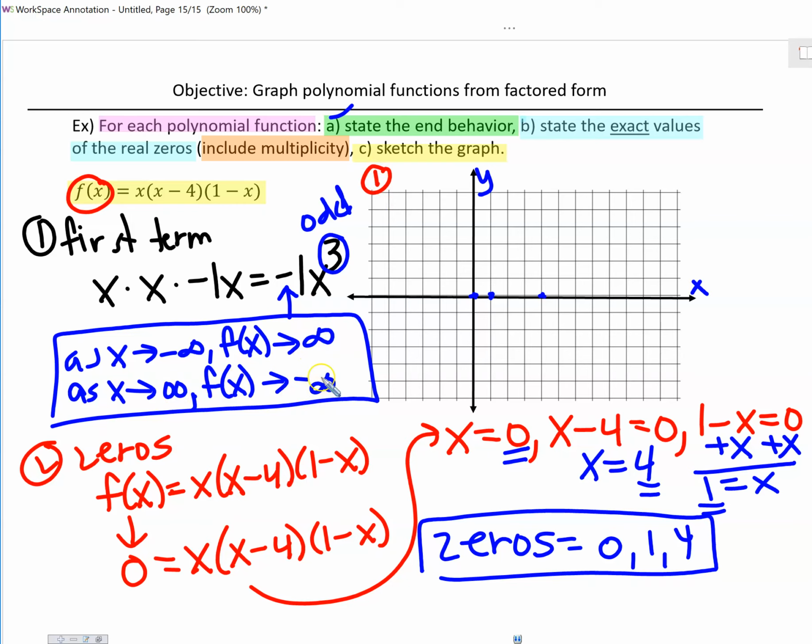My right end is going down to negative infinity. It's supposed to be a 2. There we go. So I'm going to start up here, sweep through my zeros, put my arrows on the ends, and that creates my graph and finishes all parts of the problem. All right, let's take a look at another one.